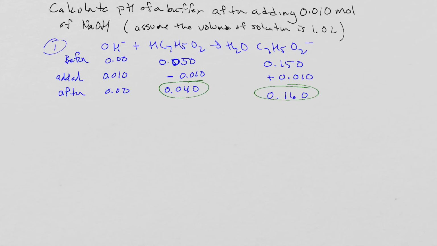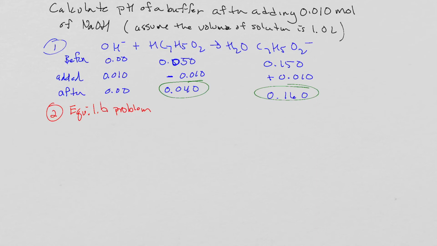So now we're going to do the second step. Remember, the second step is the equilibrium problem. Now, we could solve this in an ice table, or we can solve this with the Henderson-Hasselbalch. So I'm going to do the Henderson-Hasselbalch because we might as well use the easier version, right?